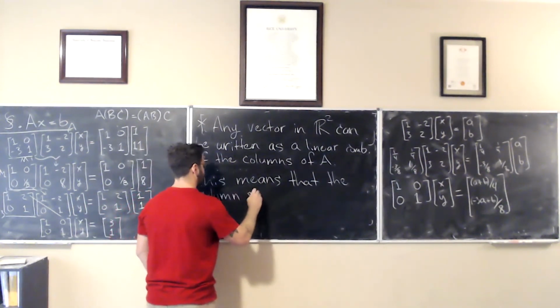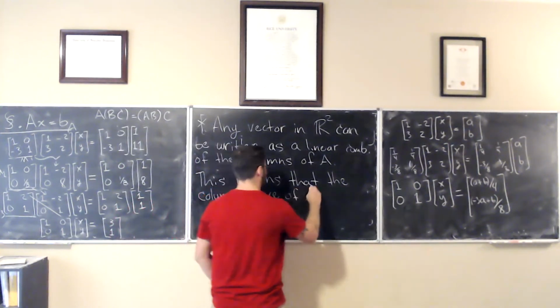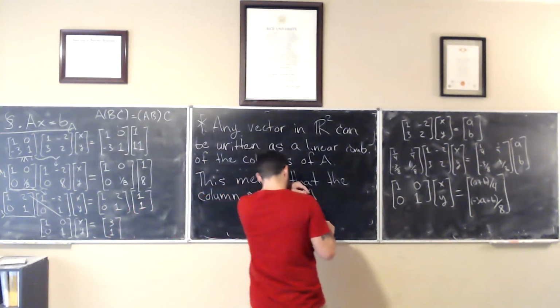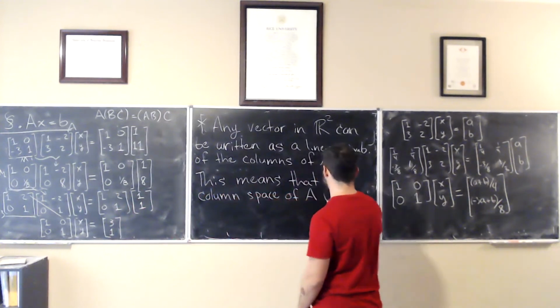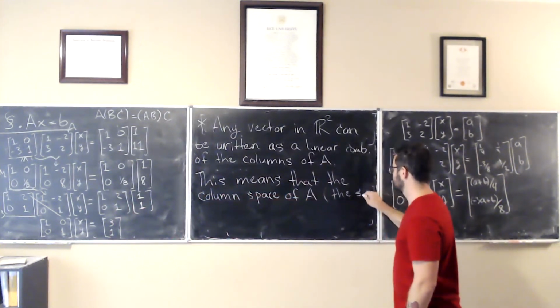Column space of A, and that means the set of all possible linear combinations of the columns.